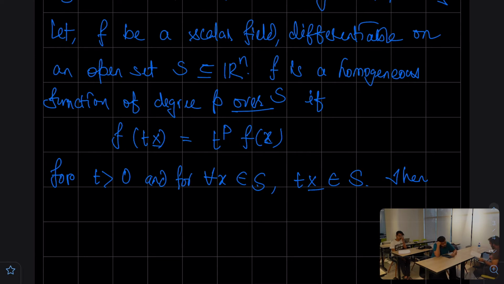There is no such preamble. No non-trivial statement in the preamble. That's Euler's theorem. And then f satisfies this.